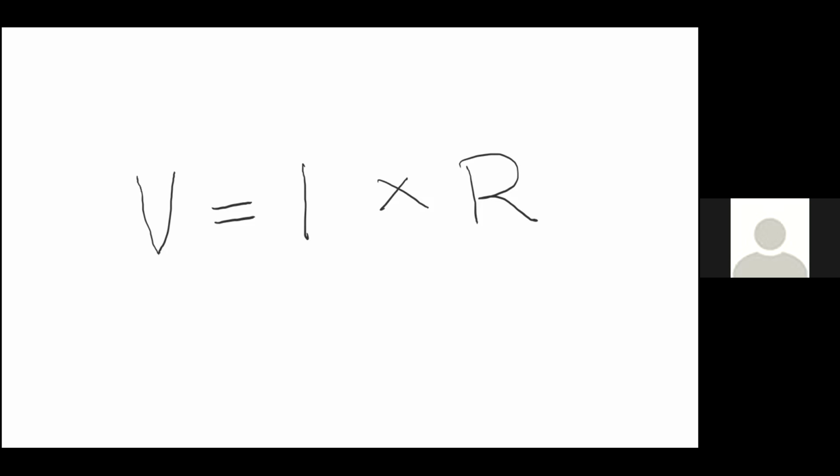Power is the rate of dissipation of energy. Perfect. So it is joules per second, and the unit is watts. Do you know any equations for power? One equation for power is P equals I times V, so current times voltage.